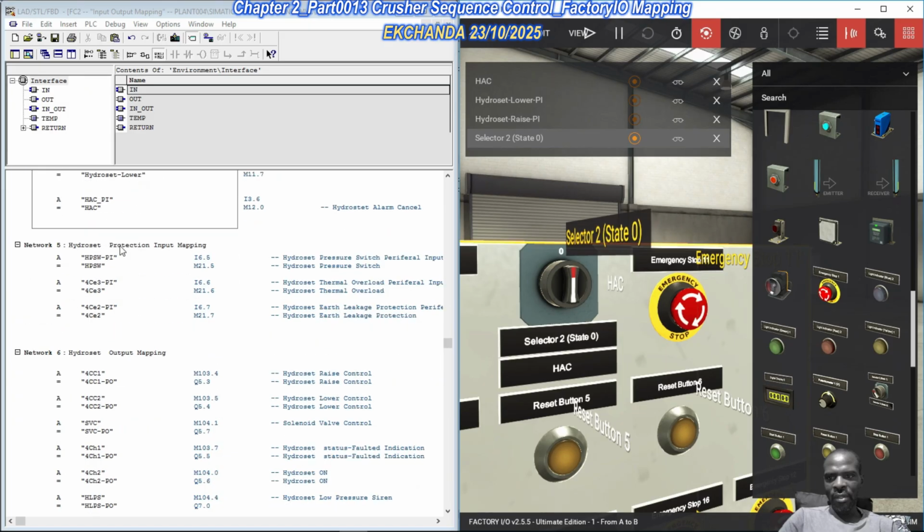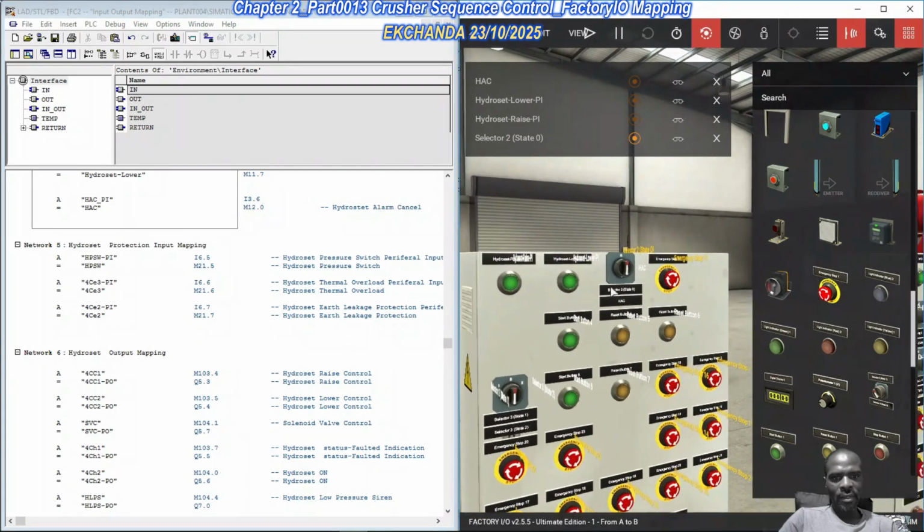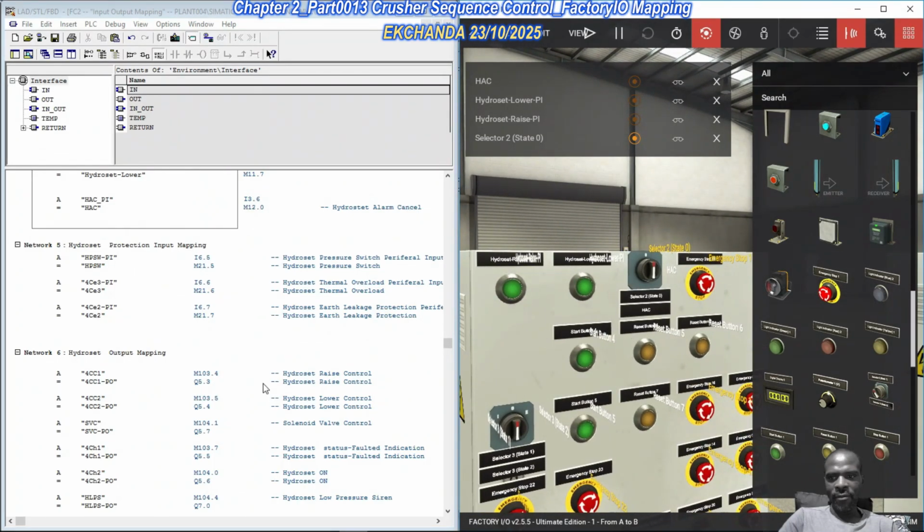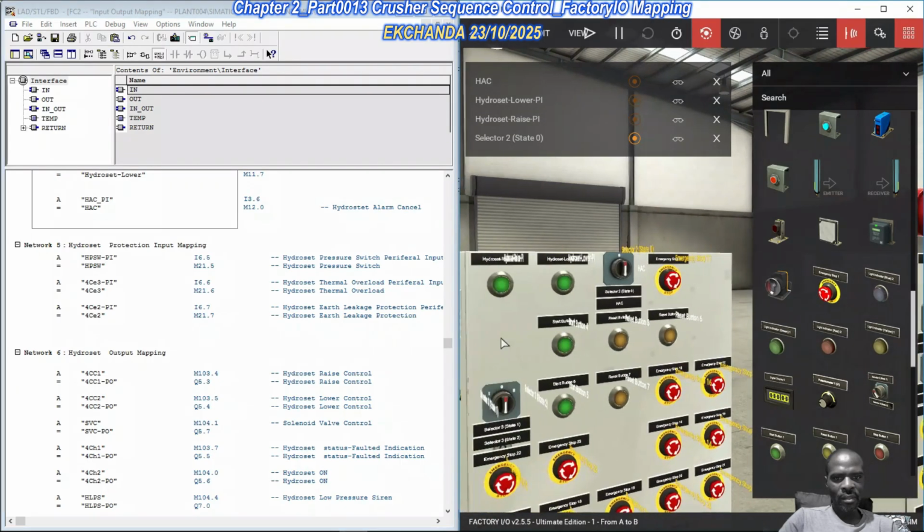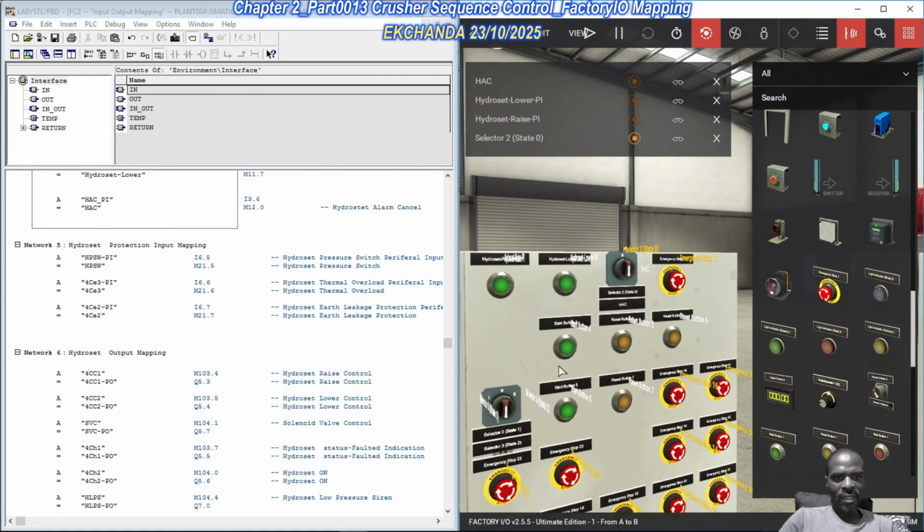And then on the hydroset protection inputs, how many of these do we need? Okay, clearly we don't need a whole lot of inputs for the hydroset, so we can safely get rid of what we don't need.